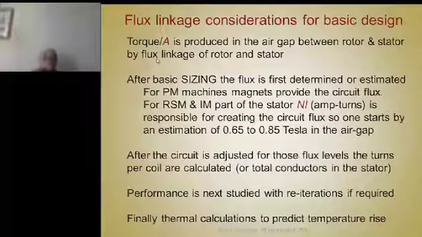You can't start an induction motor design without some assumed flux density, so you assume it's somewhere between 0.65 and 0.85 Tesla in the air gap, and I think 0.8 is a good place to start, really. You might get it a bit higher, but it's pretty tough to get over 1 Tesla in the air gap.